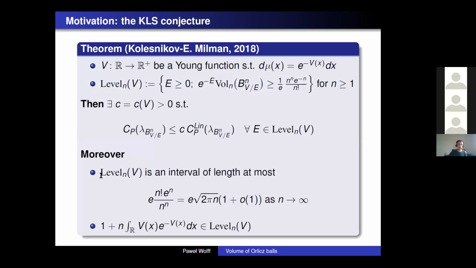Their method deals with this set, and confirms the KLS for Orlicz balls rescaled by levels from this set, and this set is an interval of length at most square root of n.